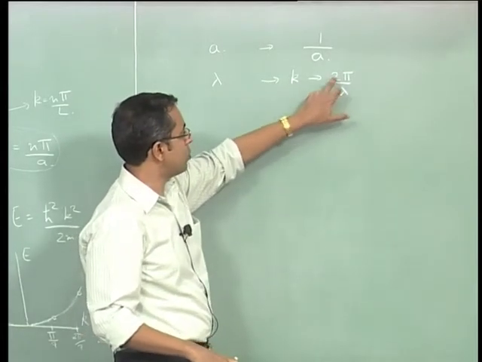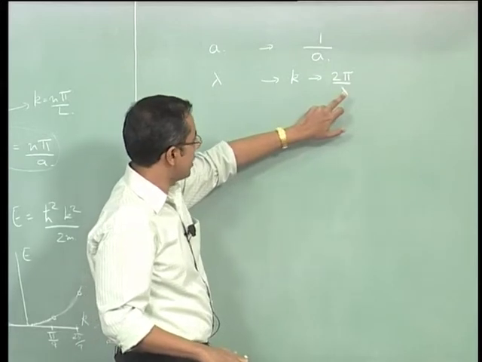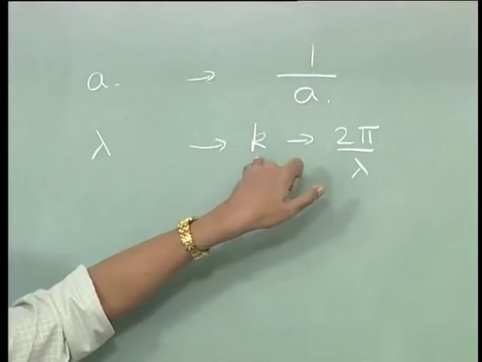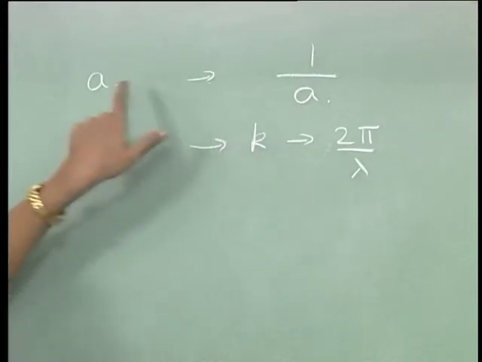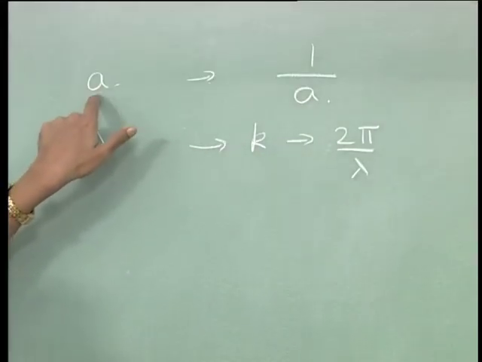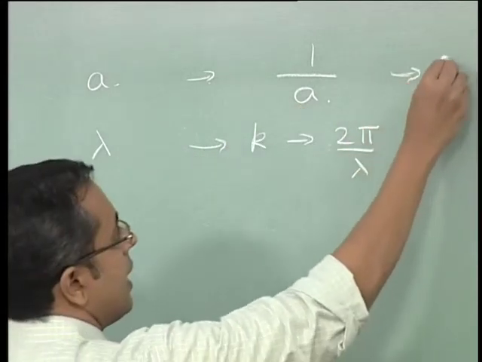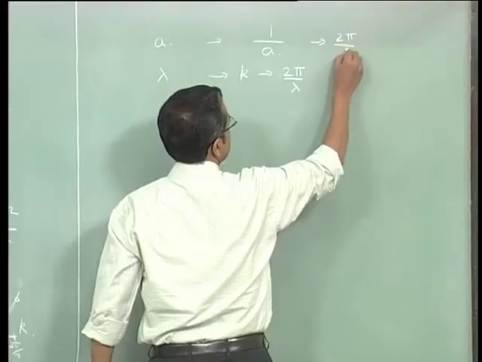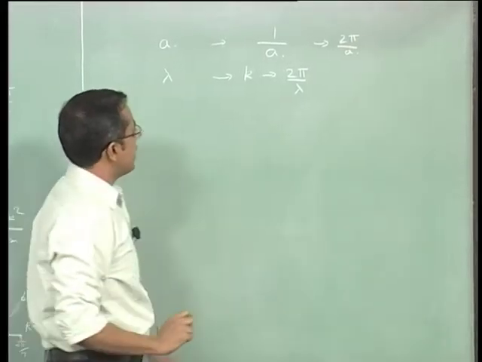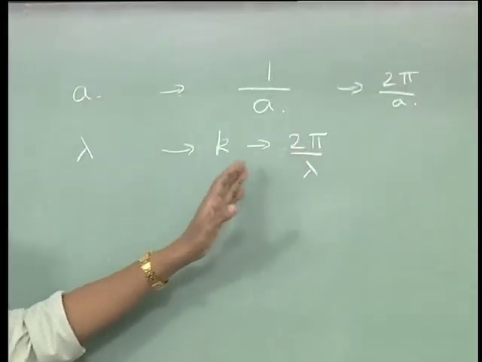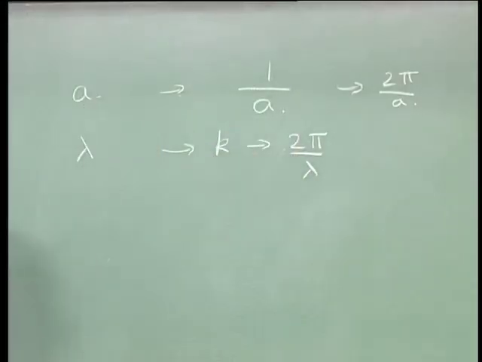So something that is lambda in real space is being represented as 2 pi by lambda in k space. In the same way, what is A should not simply be represented as 1 by A, it should actually be represented as 2 pi by A. Only then can we compare the information that we are looking at.